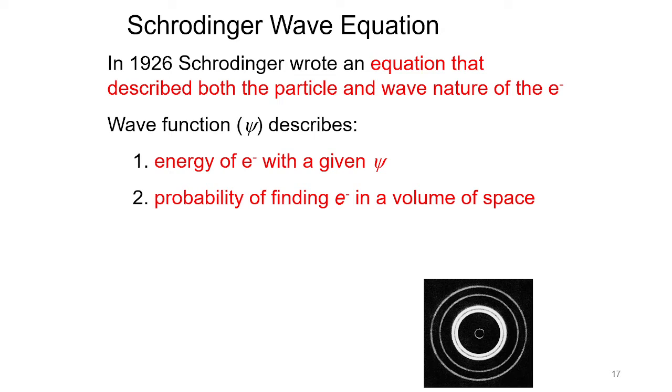Schrodinger's wave function describes the energy of an electron with a given Schrodinger number, and this can be used in describing the probability of finding an electron in a volume of space.